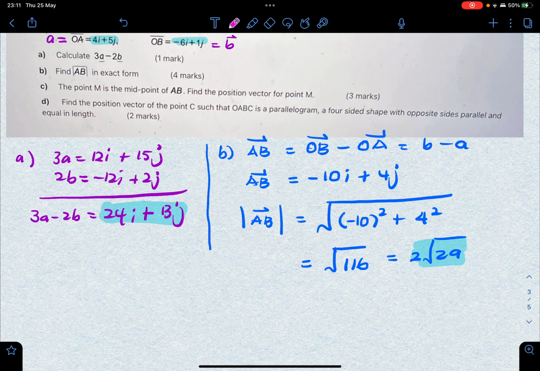Now the next question is talking about the midpoint of AB. So how do you find the midpoint of AB?